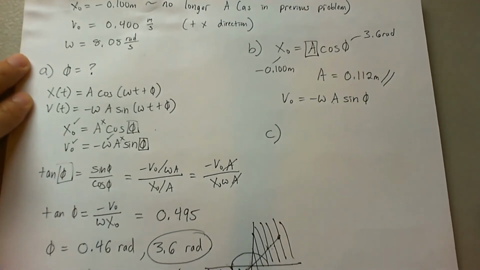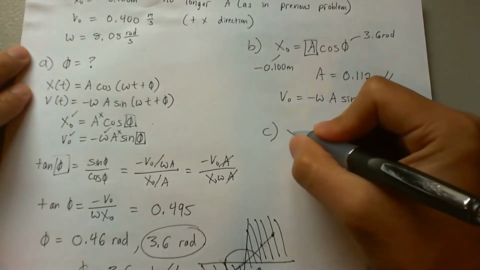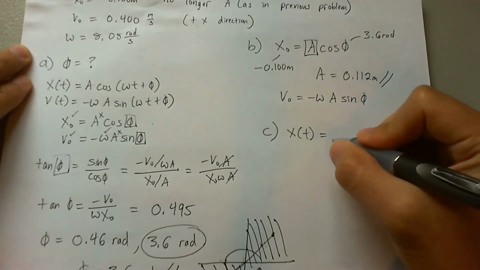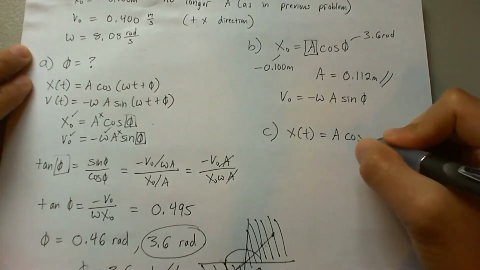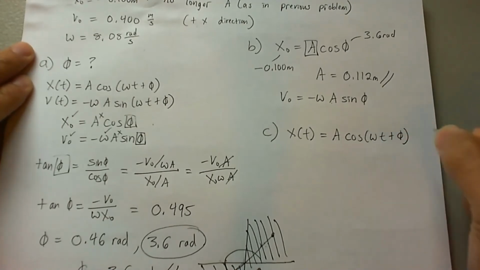Now for part C, all you're going to do is just put what we found out into one universal equation. So the general displacement equation as written right here is A cosine omega t plus phi.